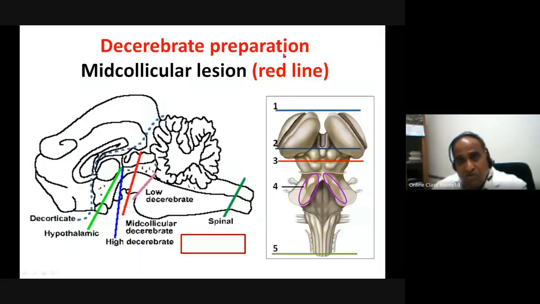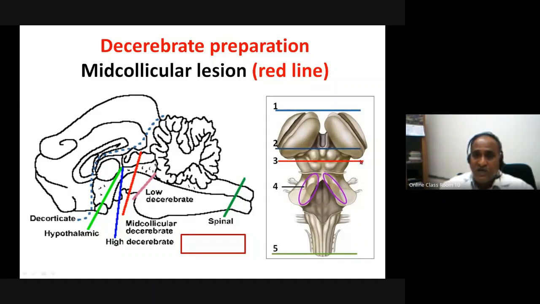Okay, we move on to the next preparation, decerebrate. Yesterday, I mentioned a lot about these things. I will just revise only the mid-collicular, the classical Sherringtonian decerebration. This is a red line here, number 3. This is the superior colliculus. This is the inferior colliculus.